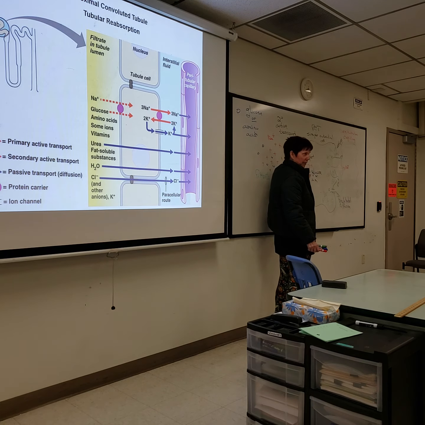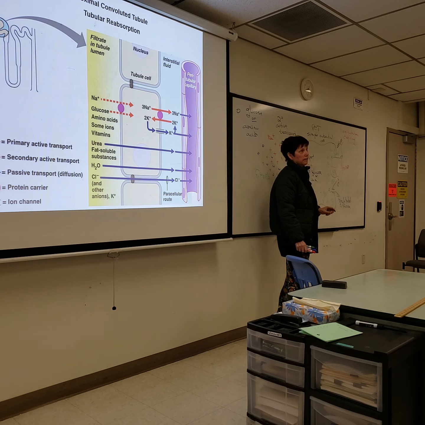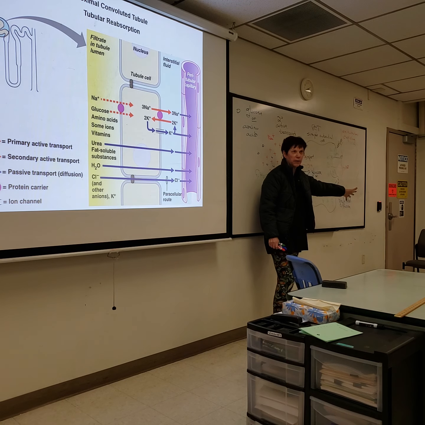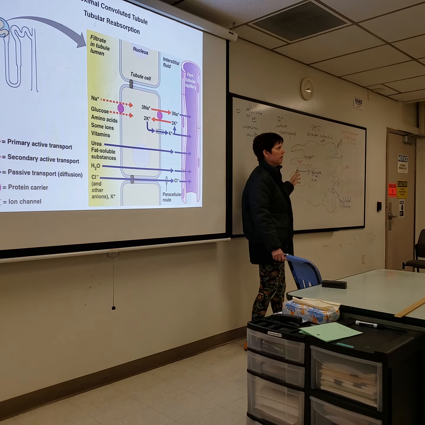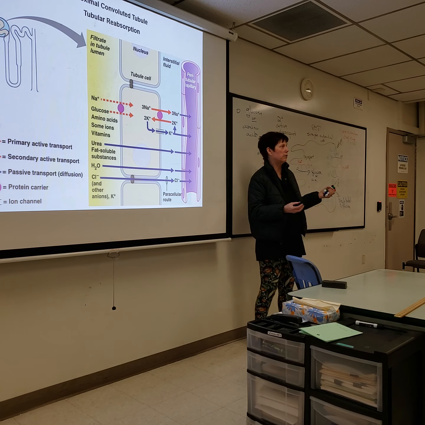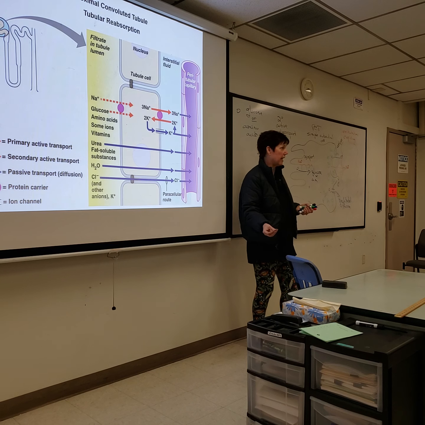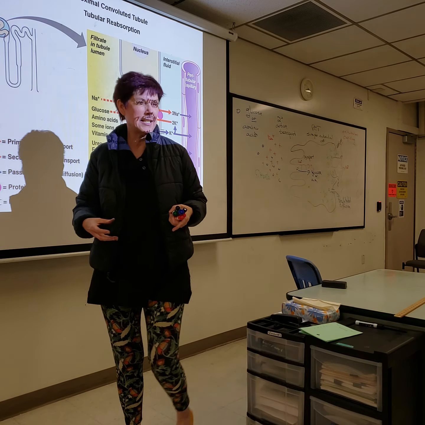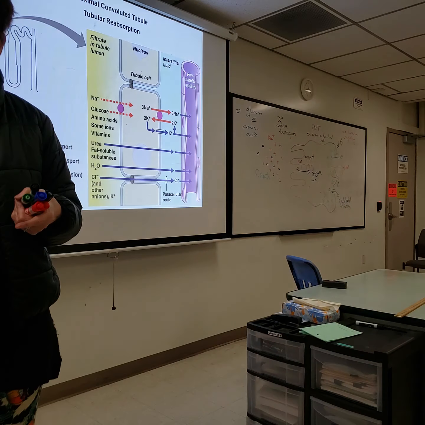transport molecules. All right, so if someone is type 1 or type 2 diabetic, they may have too much glucose to move all of that glucose across by the time the filtrate leaves the proximal convoluted tubule. And we don't have glucose transporters other places in the nephron. So if that's the case, glucose gets left in the filtrate.